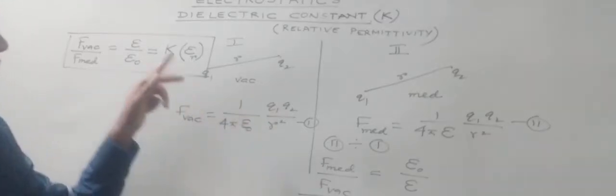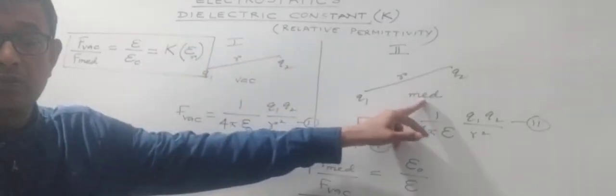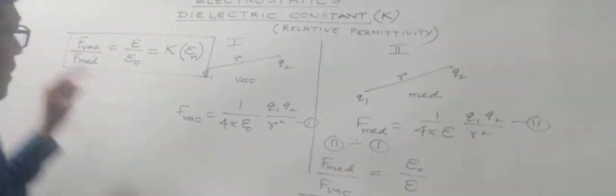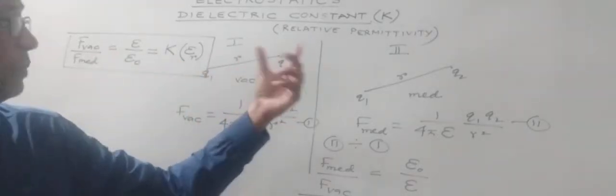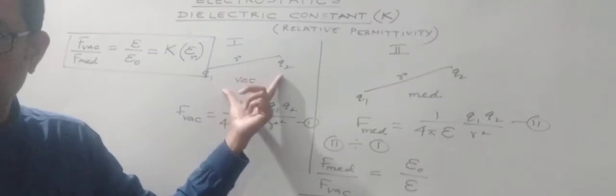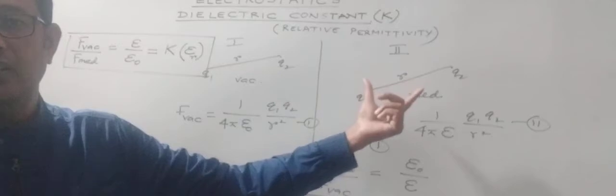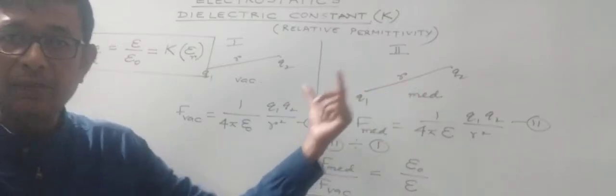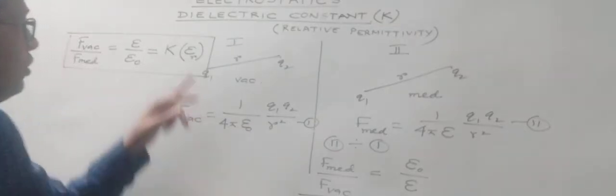In other words, dielectric constant or relative permittivity of a medium may also be defined as the ratio of the magnitude of the electric force between the 2 point static charges when placed in vacuum to the magnitude of the force between the same 2 charges separated by the same separation but when placed in that particular medium. So K can be defined in both ways.